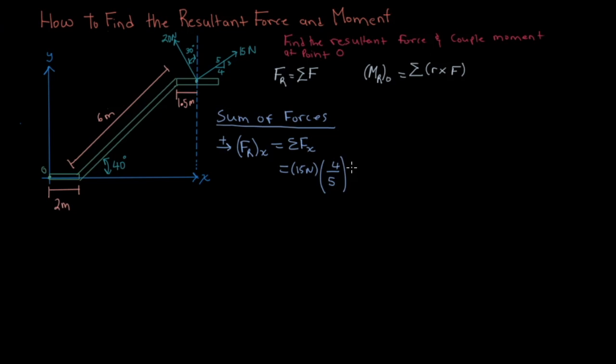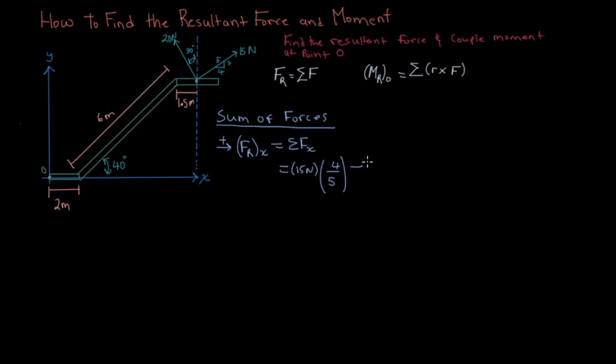Then we go minus, because now we're going to focus on this force here. The 20 newtons, as you can see, is pointing in the negative x direction, so that's why we have a minus sign. To get the horizontal component of this, we have a 30-degree angle. We're going to find the opposite component, because the angle is here, so the x component is opposite, not adjacent.